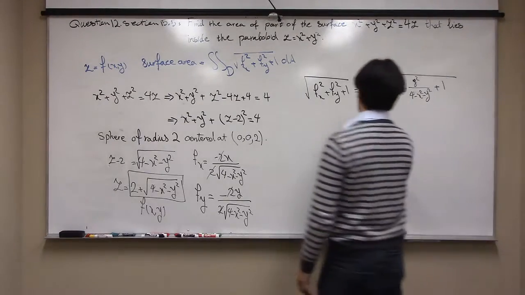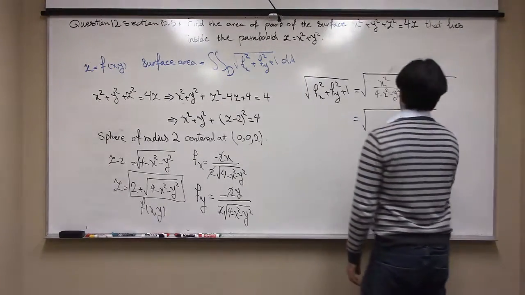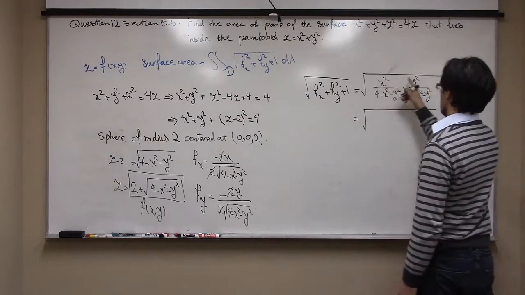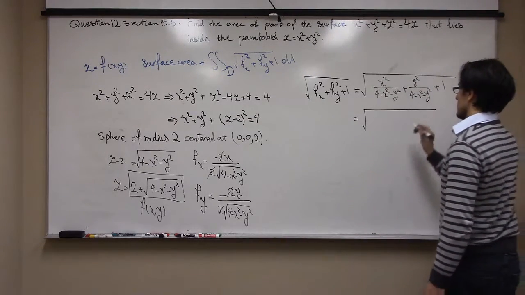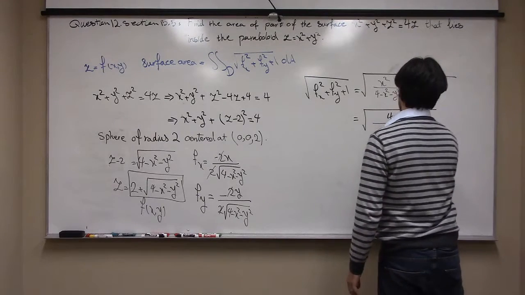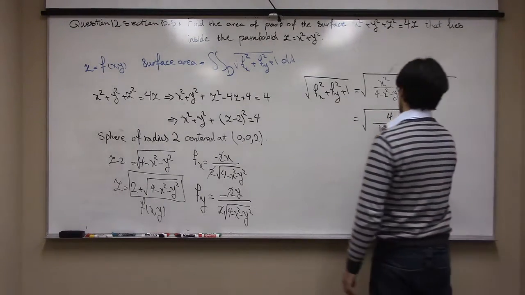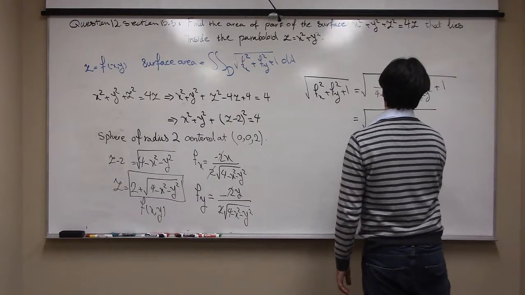Find a common denominator: in the numerator, x squared plus y squared plus this guy gives me 4 only, and in the denominator, 4 minus x squared minus y squared.